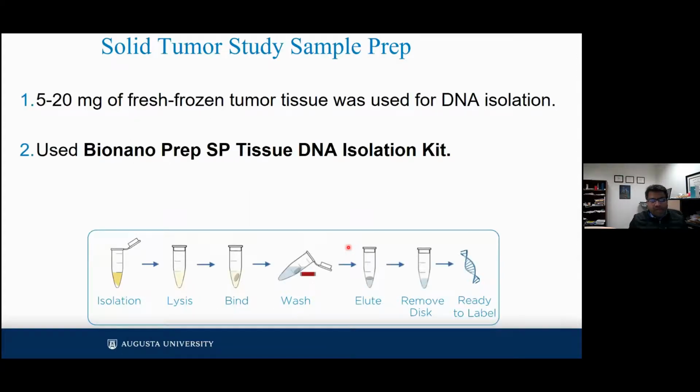The solid tumor study sample prep is directly from the BioNano kit protocol. We used around 5 to 20 milligrams of fresh frozen tissue for DNA isolation, and we used the BioNano Prep SP tissue DNA isolation kit in the lab for this particular study.